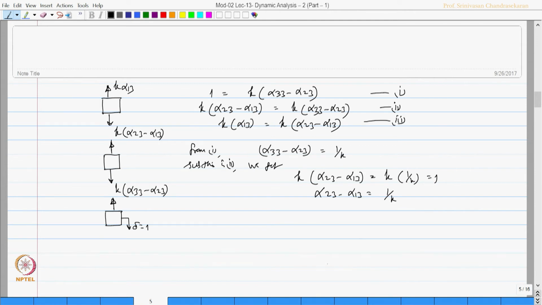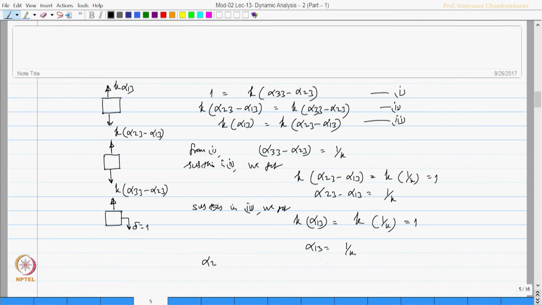Substituting this in 3, we get k times of alpha 1 3 is k times of 1 by k, which means 1. So, alpha 1 3 is 1 by k.